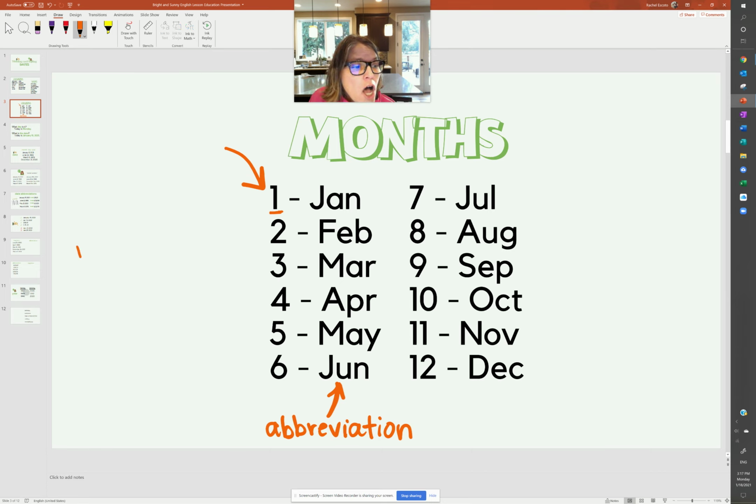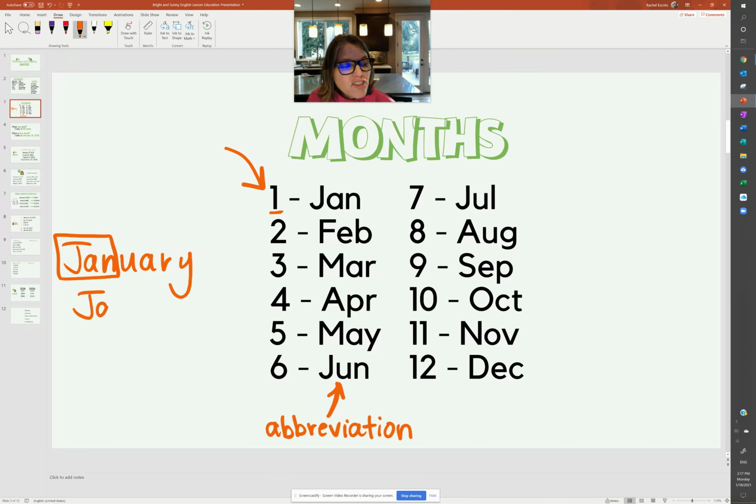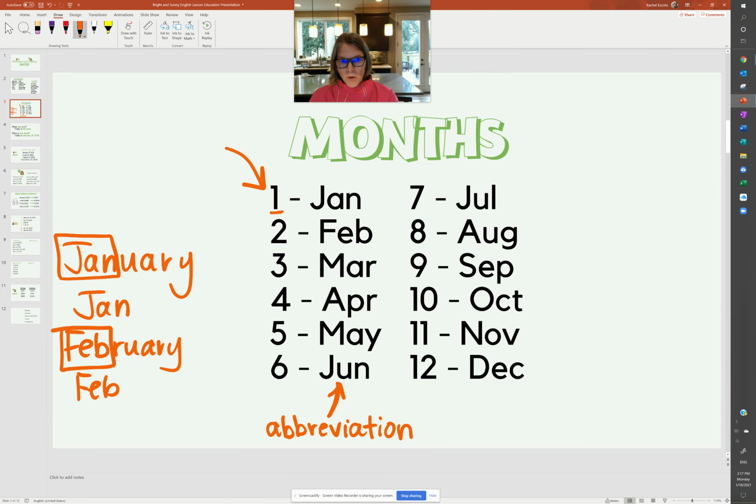Right? So if the long way, the regular way to write January is like this, the abbreviation is the first three letters, Jan. Same thing for February, right? The abbreviation is FEB, F-E-B. Okay, so we have numbers and abbreviations for months.